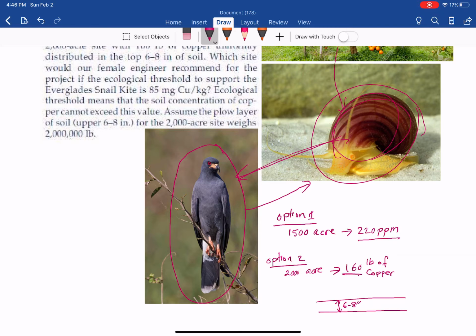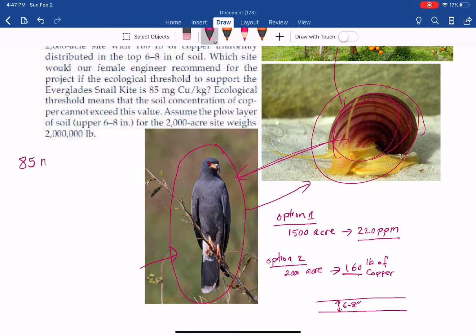Okay, which site would the professional consultant recommend for the project if the ecological threshold to support the Everglades snail kite is 85 milligrams Cu per kilogram? If you want to maintain the snail kite and not kill them because of copper toxicity, this is the max.